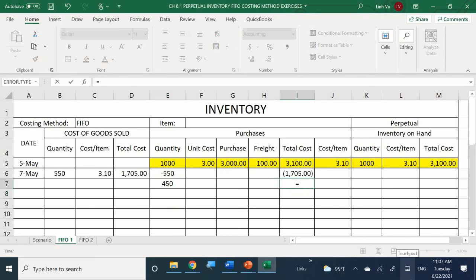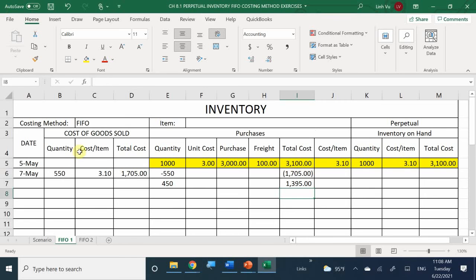If I had a total cost of 3,100 and I end up selling 1,705, how much should I have remaining? 1,395.